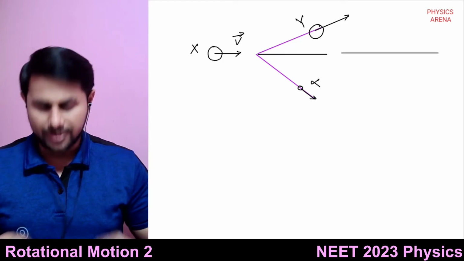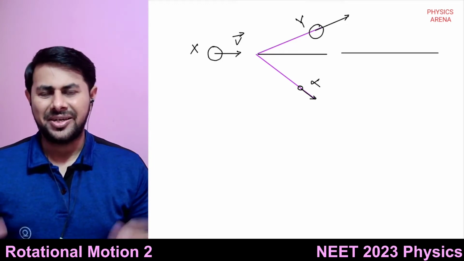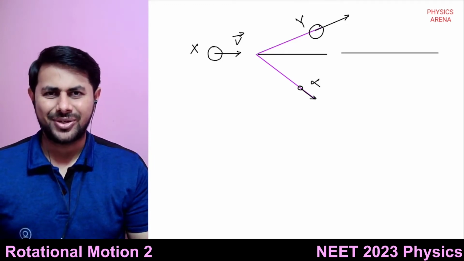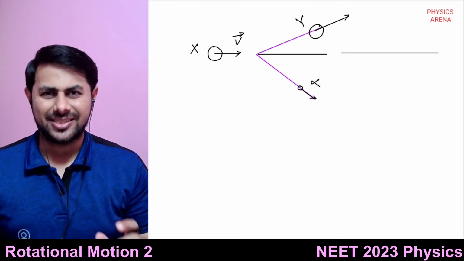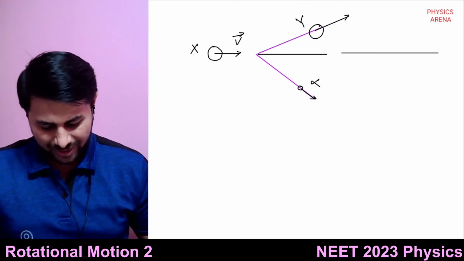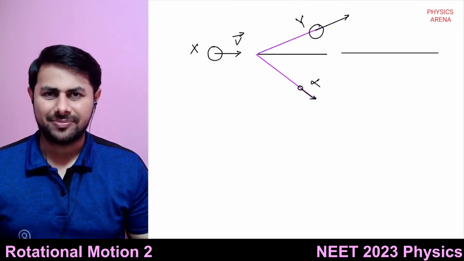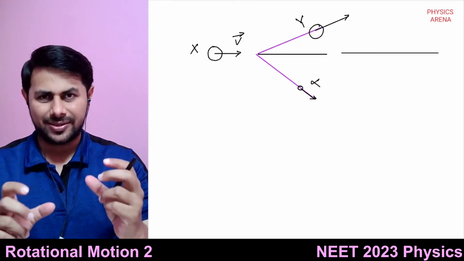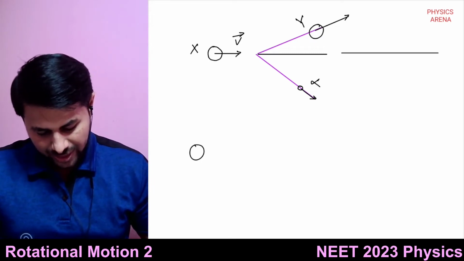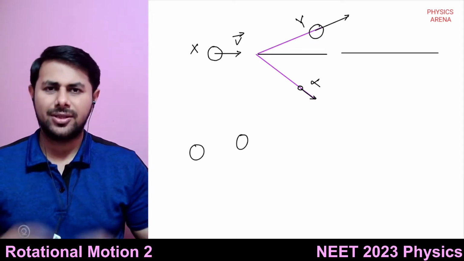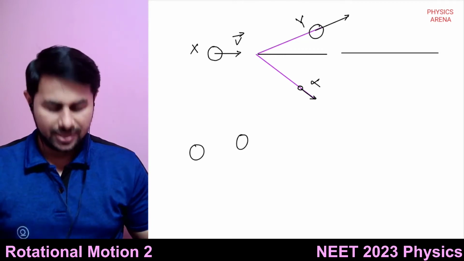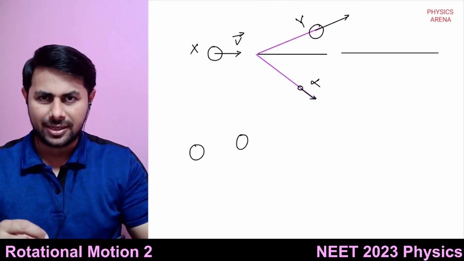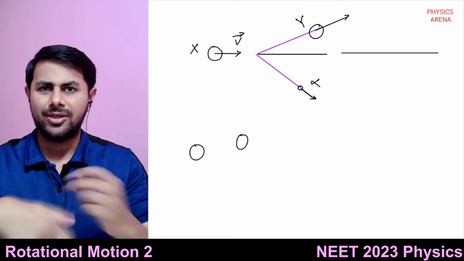So there is an example in astronomy. Not astrology, astronomy. Binary star system. What is a binary star system? These are two stars, and they rotate about each other. I mean, the first star rotates about the second star and the second star rotates about the first star.